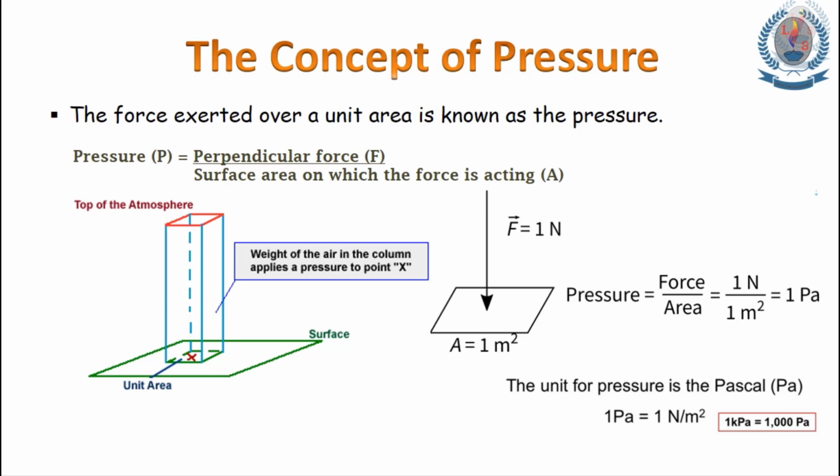I have given you A, the area, as 1 square meter and the force acting is 1 Newton. So, to find pressure in the same place, we can use the formula pressure equals force over area. Force is 1 Newton and the area is 1 square meter. So, the answer is 1 Pascal.